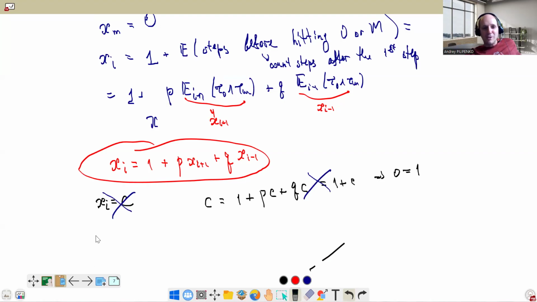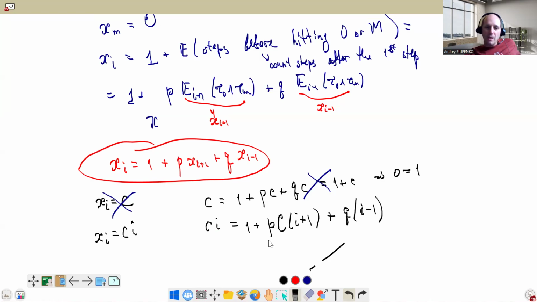Okay, another attempt. Let's try to search for a solution in the following form: xi is C times i. C times i is equal to 1 plus p times C times i plus 1, plus q times C times i minus 1. And now p C i plus q C i, the sum is C times i.